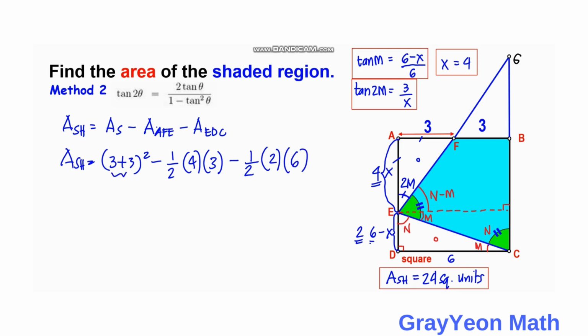So this becomes 6 squared, which is 36. 36 minus this, which becomes 2 times 3, 6, and this becomes 6. So 36 minus 6 gives us the area of the shaded part, 24 square units, and that is our answer for our second method.